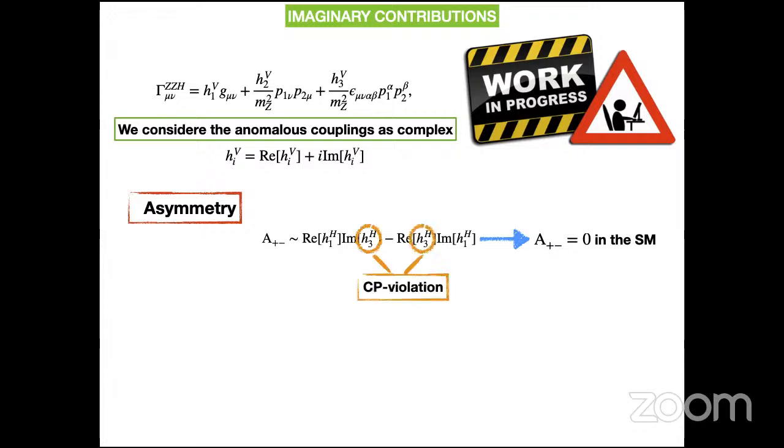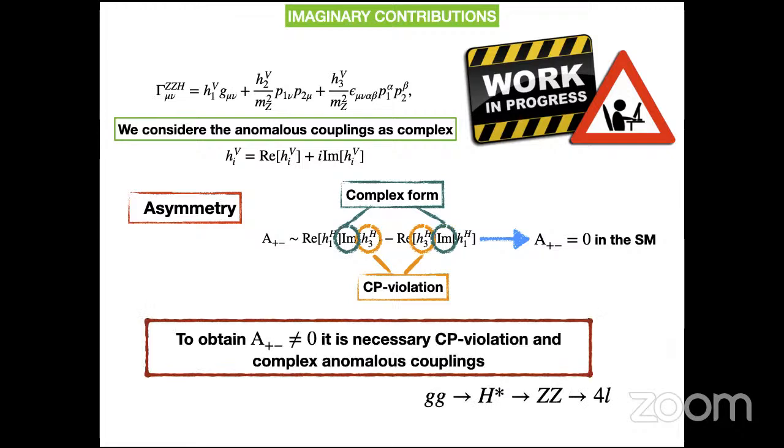But remember, I said at the beginning, H3 is related to CP violation. So we require CP violation to obtain this asymmetry, but you also require the complex form of the anomalous coupling to induce it.